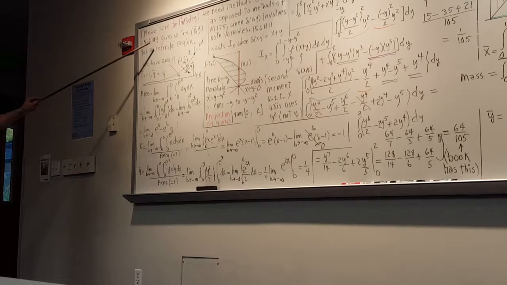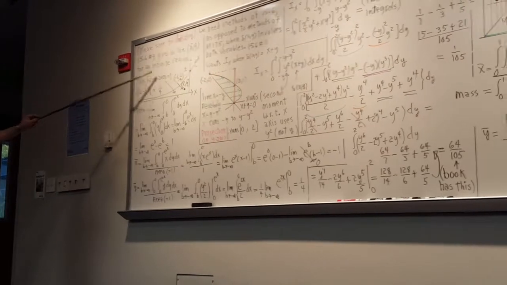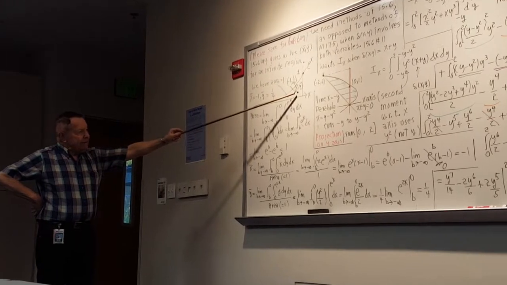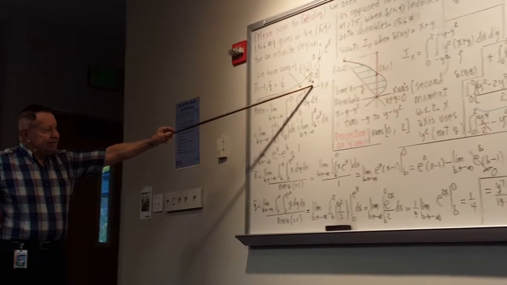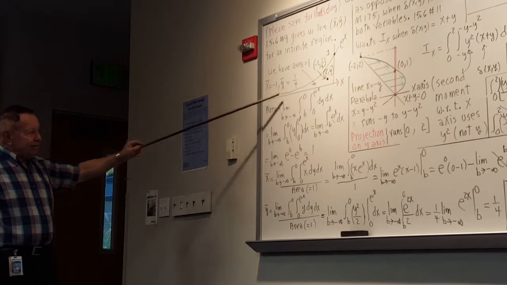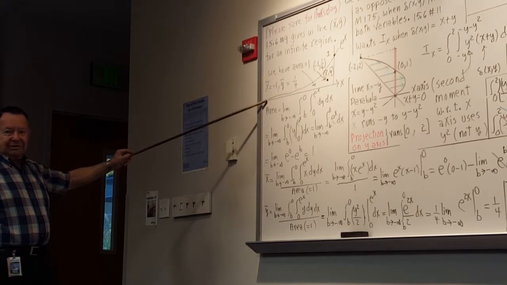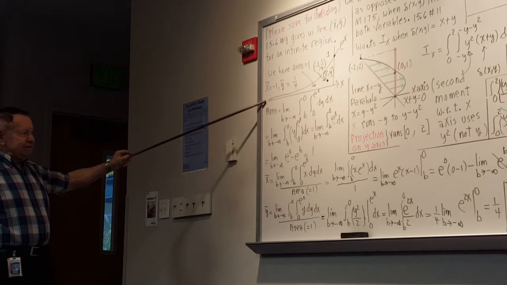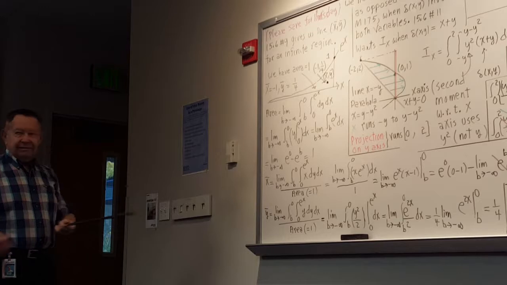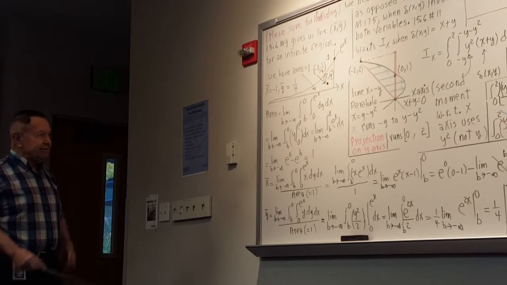If you have your book, look at problem 9, which is asking us to get the center of mass, or the centroid, for an infinite region, which you can actually do in this case as an improper integral using double integrals.